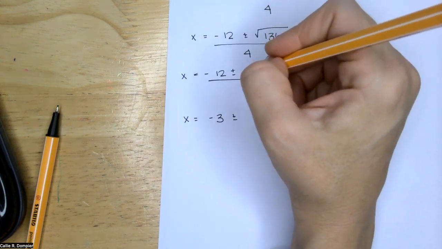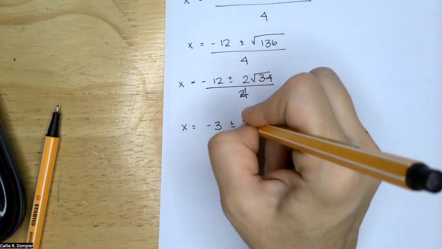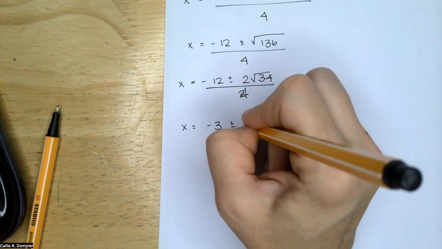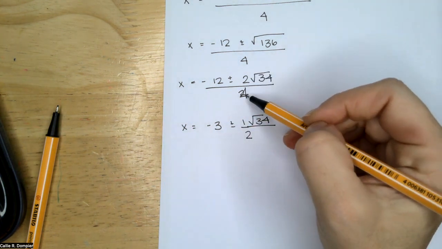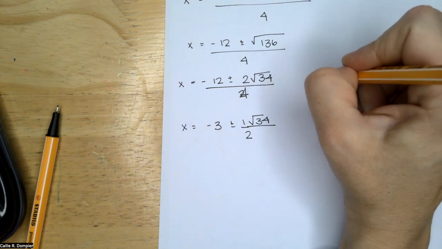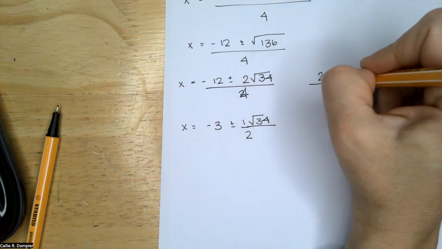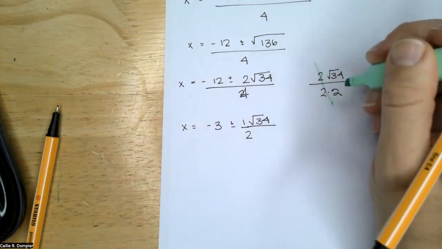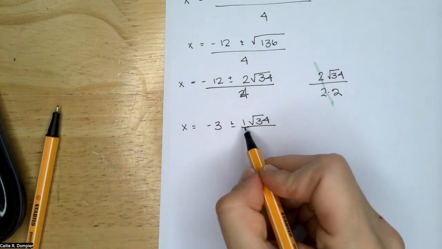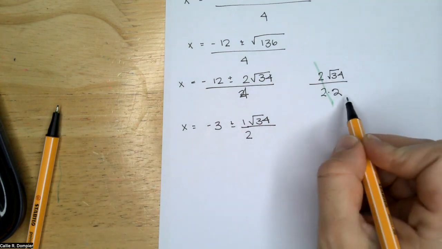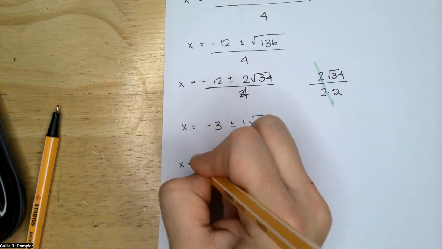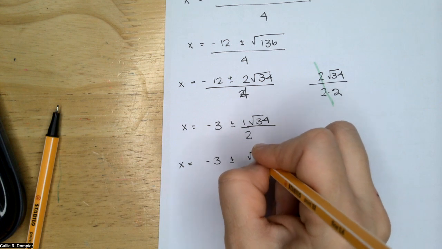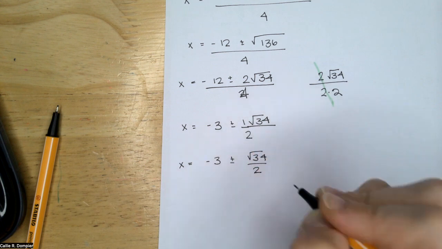But over here, 2 divided by 4 is just 1/2. 4 is just 2 times 2, and then we'll cancel one of the 2's. So we just have the 1 and one of the 2's on the bottom. So X is negative 3 plus or minus the square root of 34 over 2.